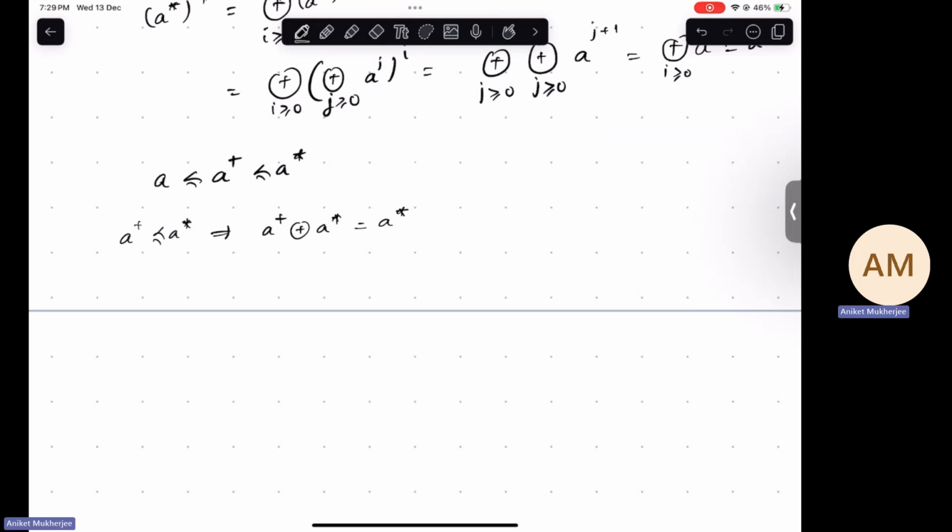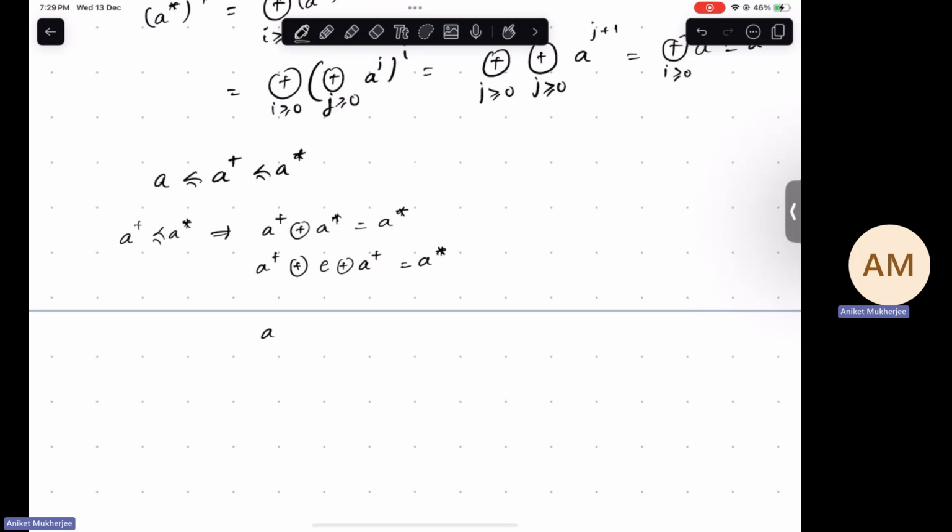And I know the relation between A star and A plus. So A star I can replace with E plus A plus equal to A star.